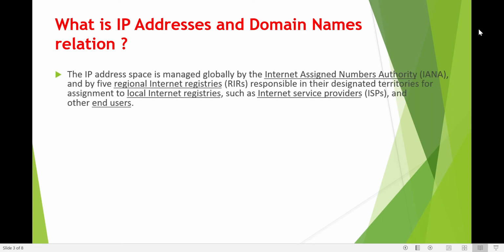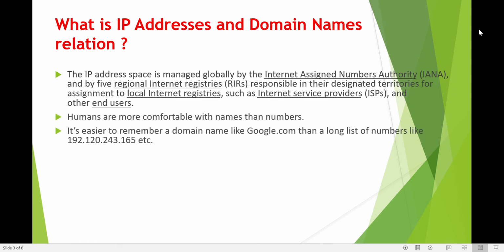So what is the relation between IP address and domain names? IP address space is managed globally by the Internet Assigned Numbers Authority, which is IANA, and there are 5 other regional internet registries which are responsible for the designation of the IP addresses to local internet registries such as internet service providers, etc. Now, generally, humans are more comfortable with names than numbers.